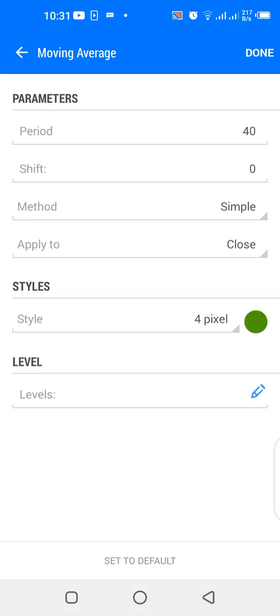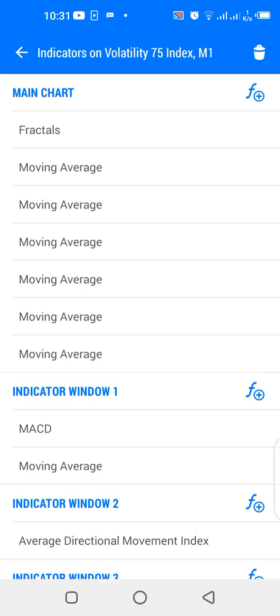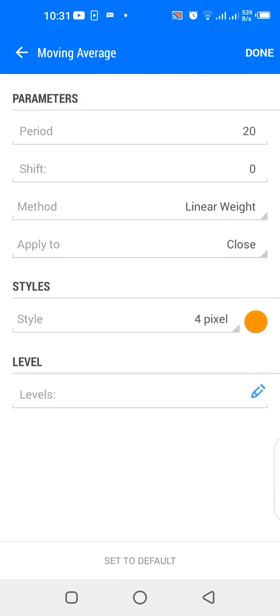Method is simple. Apply to close and the color of the moving average is green. And the final moving average on the main chart, period is 20. Shift is 0. Method is linear weight. Apply to close and the color is orange.